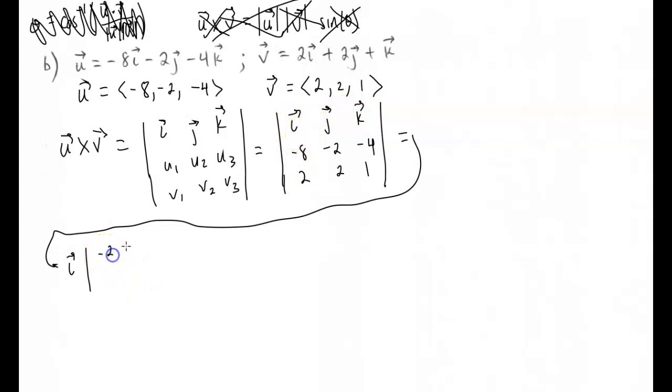So what's going to be left is the determinant of this minor matrix here, minus j. And then for here, the row and the column that have j in it, I get rid of those, and all I have left is the minor with -8, -4, 2, and 1.